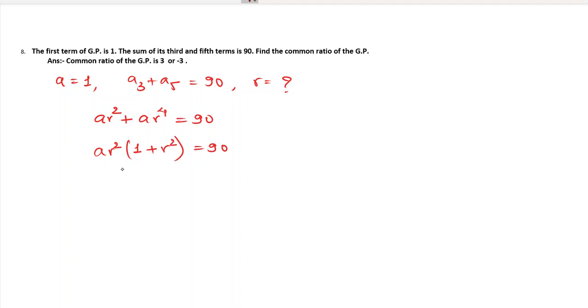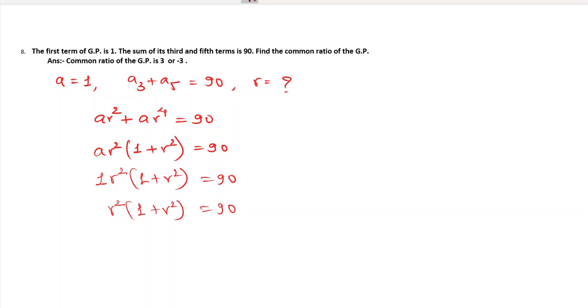Now what is A? So we know the value of A, which is 1. So 1 into R square bracket 1 plus R square is equal to 90. So I can write it as R square bracket 1 plus R square is equal to 90, right?